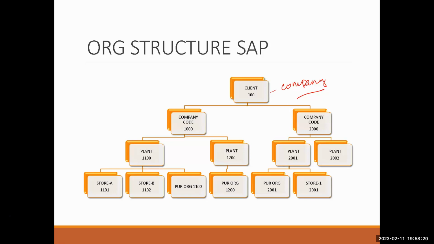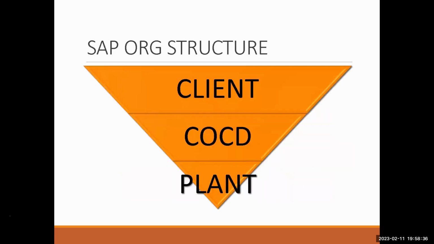In SAP we have this much organization structure. If in your interview someone asks you, there are two types of organization structure: what is the organization structure in SAP, and what is the organization structure in SAP MM. If anyone asks what the SAP organization structure is, you need to start with client, company code and plant.